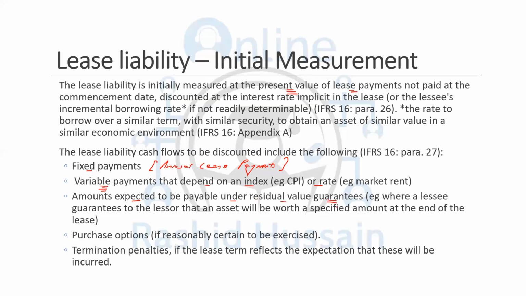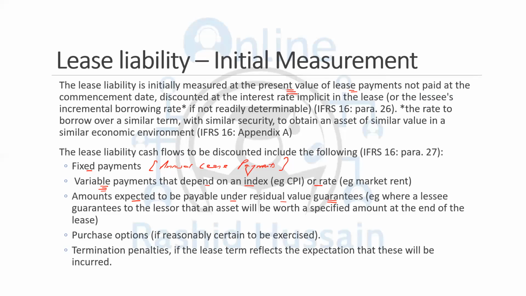Now this is simply, for example, I have taken an asset on lease. Let's assume the life of the asset is 20 years, and I have taken the asset on a lease of 5 years. After 5 years, I'll be returning the asset to the lessor, and the lessor will be able to lease it to other parties for further terms as well.